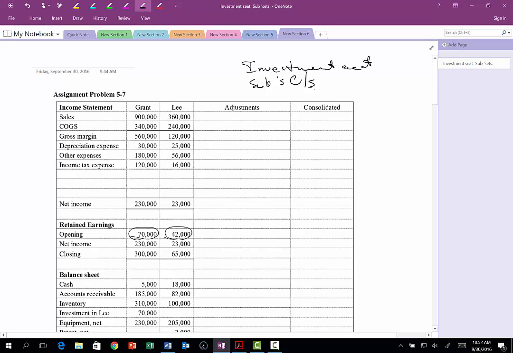If you think back to the elimination entries we did, the first elimination entry affected the investment account, common shares, retained earnings of the sub, and NCI. Well, NCI we've calculated. That's good. Opening retained earnings we've calculated. That's good. But what we haven't ever considered is that common share and investment account entry. So we do still have to do that.